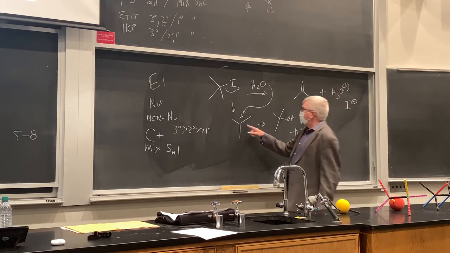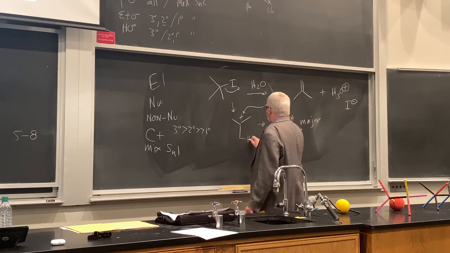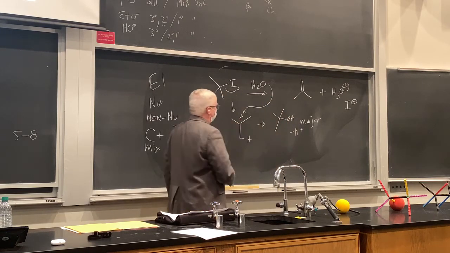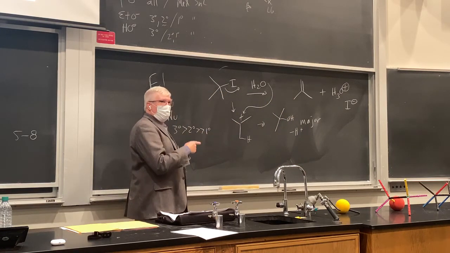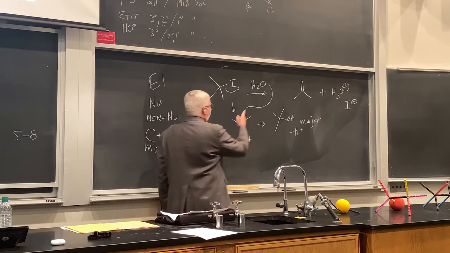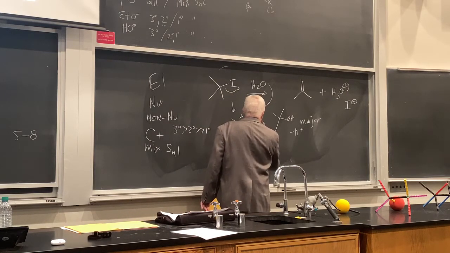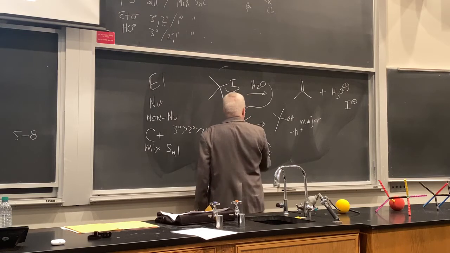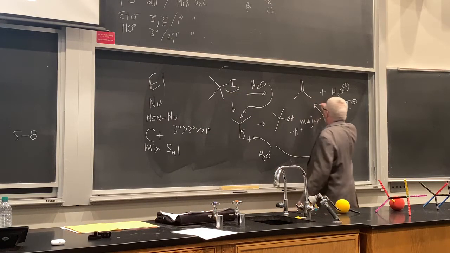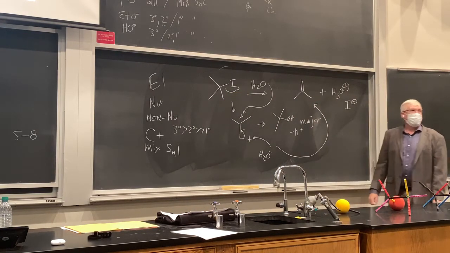But what else can occur here? Instead of the substitution that I'm showing there, that's the SN1 product, right? How do we get to the alkene? Well, we have water taking that proton off. You see that will get you to the alkene, okay?